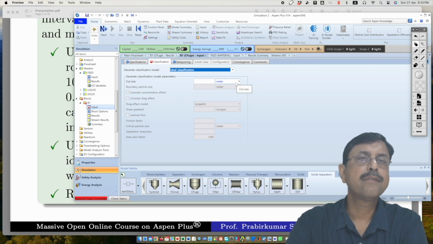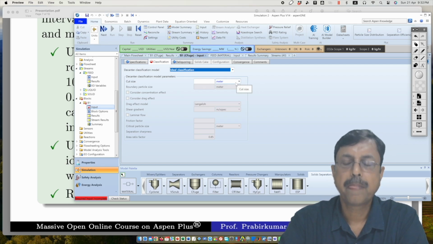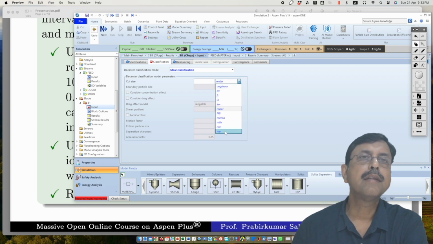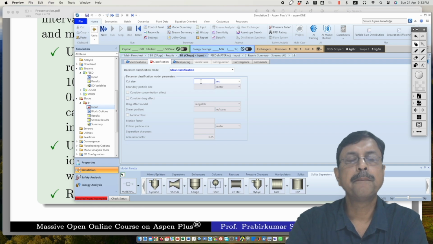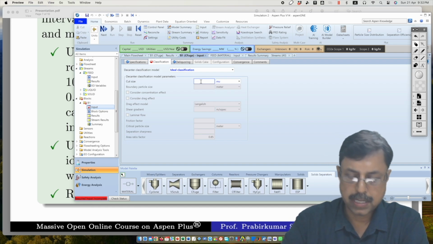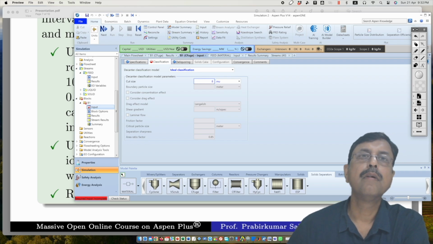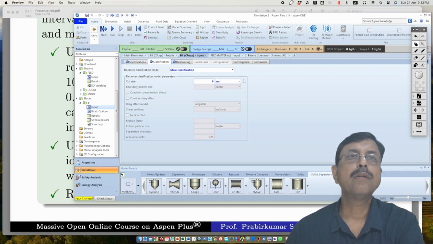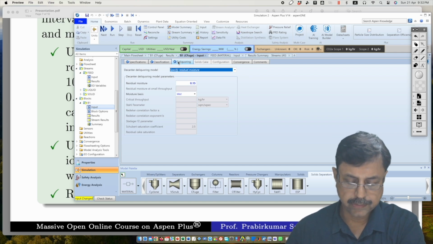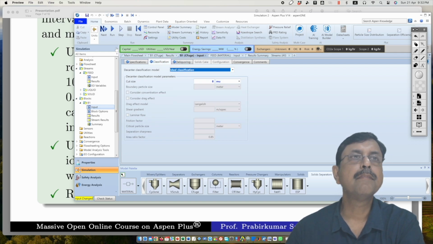Now the cut size has not been given, but we can assume some cut size. Let us take a cut size of, say, around 8 micron. Deliquoring model, leave it because all other things are the same.